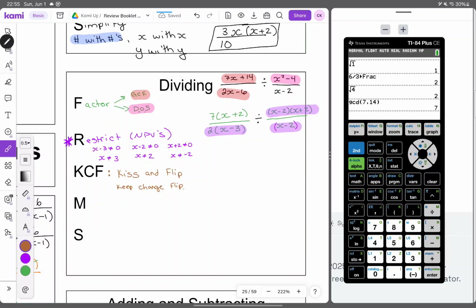So we're going to keep the first rational expression the same. We're going to change the divide into multiply, and we are going to flip the second fraction.